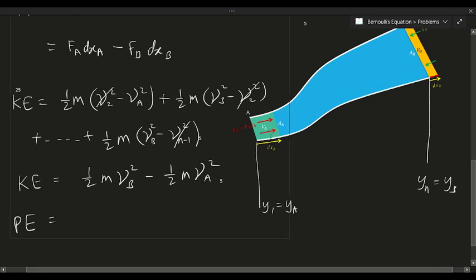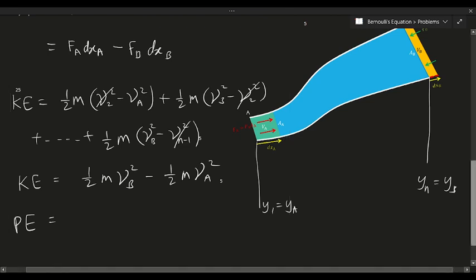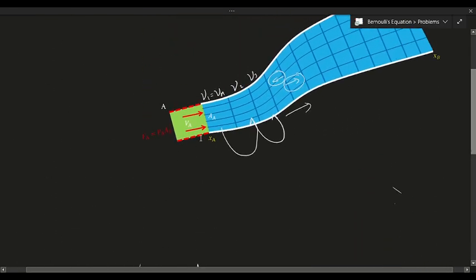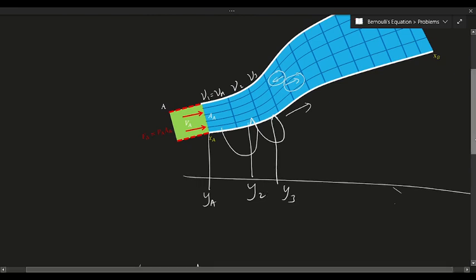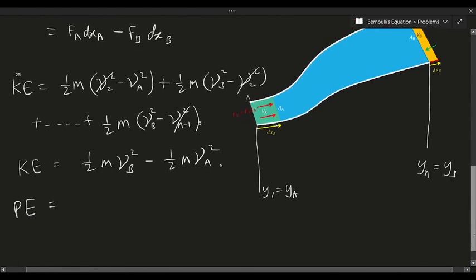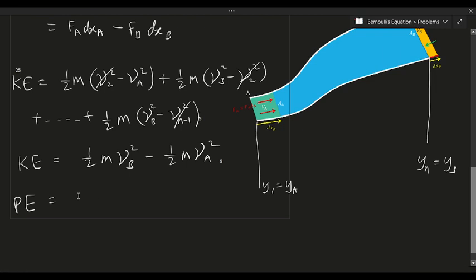When the first liquid element has moved forward and has replaced the second liquid element, it is now at the elevation of y2. The elevations may be shown here: the elevation is ya, the elevation of the second element y2, of the third element y3, from a certain reference level. So when the first element has moved and replaced the second element, its elevation has changed from Ya to Y2.